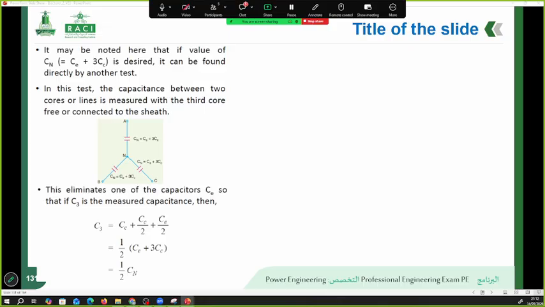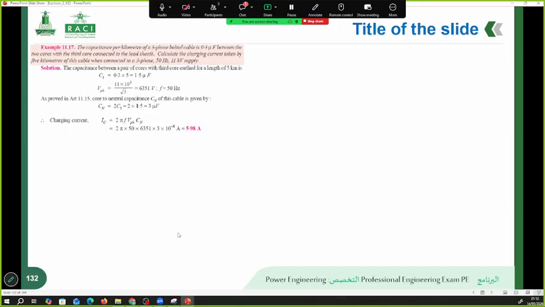And finally, C3, the measured capacitance, can be calculated based on this. We will have this equation.